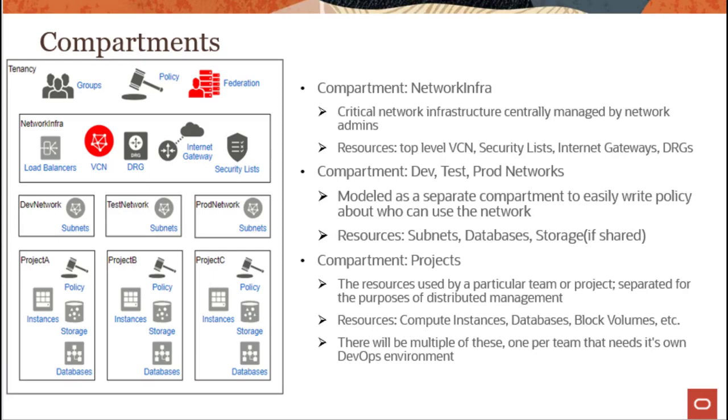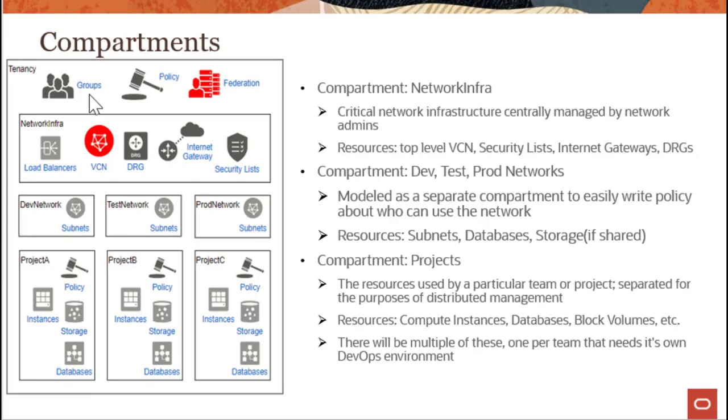So here's a high-level view of compartments and how it helps us organize resources. In this case, we can see the first root compartment is the tenancy. That is the compartment that every other compartment is created under. We have groups that have users.